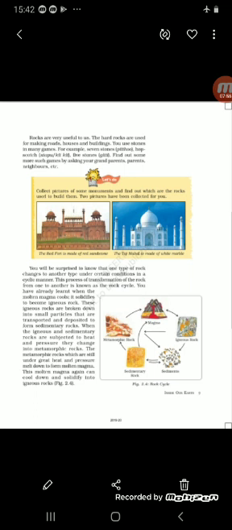Okay, so let us know more about uses of rocks. Rocks are used for many purposes in our life. As you know, roads, houses and buildings are made up of hard rocks.